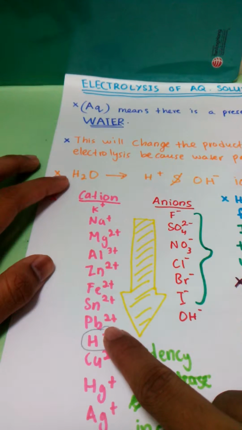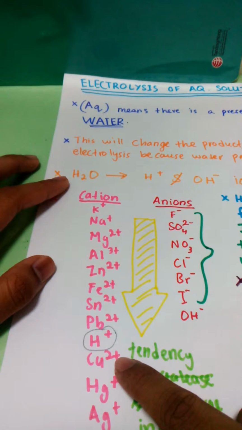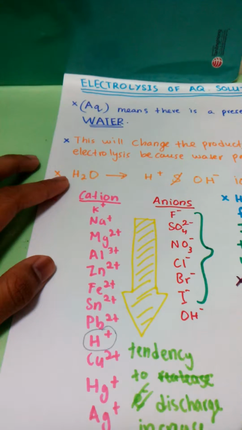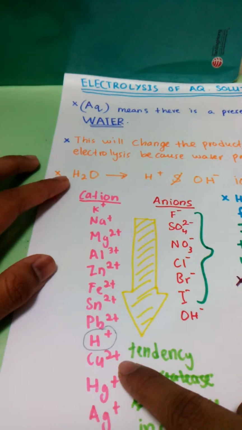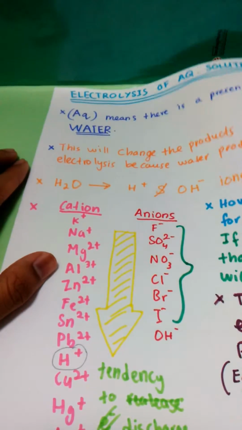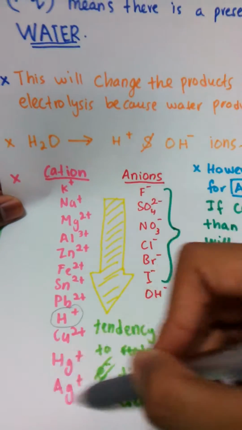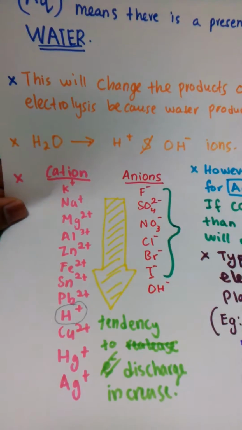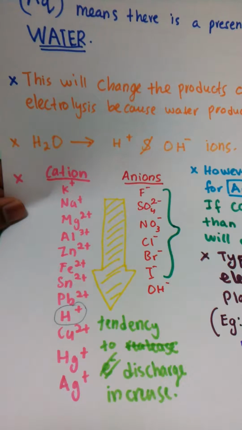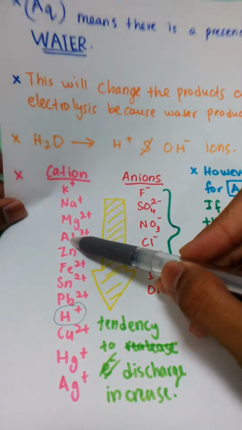And the metals below H plus, Cu2 plus, Hg plus, Ag plus will discharge. So this is pretty simple when it comes to memorizing, because all I have to memorize is just the ones under here, because only these will discharge, the rest will not discharge. That's a conclusion we can draw from that part.